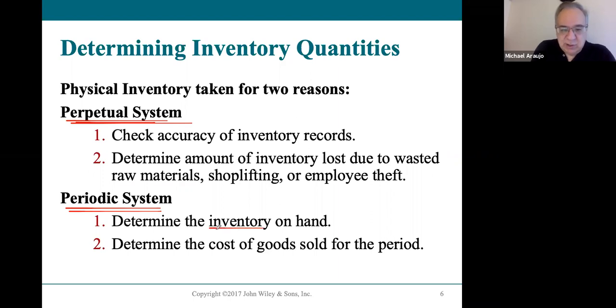One, what's your inventory left? This inventory is your asset. And what is not there, we assume has been sold, so the value of the inventory that's no longer in the store becomes the cost of goods sold. And you saw that happening in chapter 5.